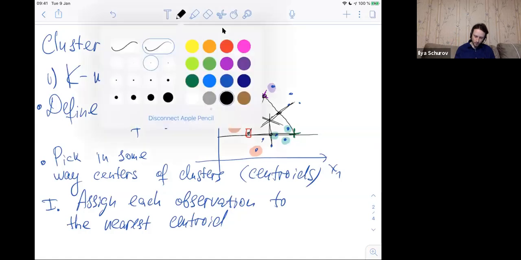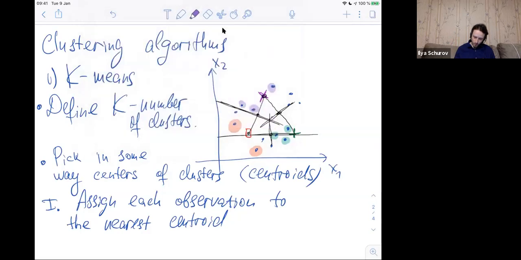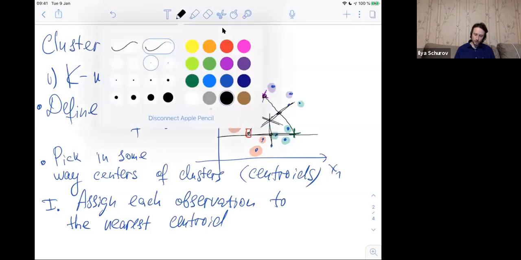So all these points will be assigned to this centroid, and all these points will be assigned to this centroid, and these points will be assigned to this centroid. So I have this assignment. Every point is just assigned to the nearest centroid.